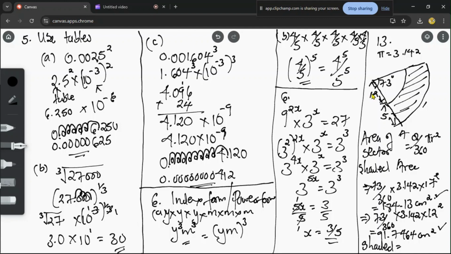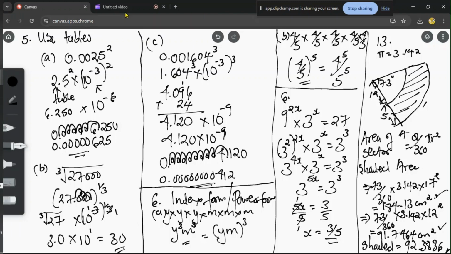If I subtract that, the answer will be 92.3836 centimeters squared. So this is my answer. Hope it is clear there.